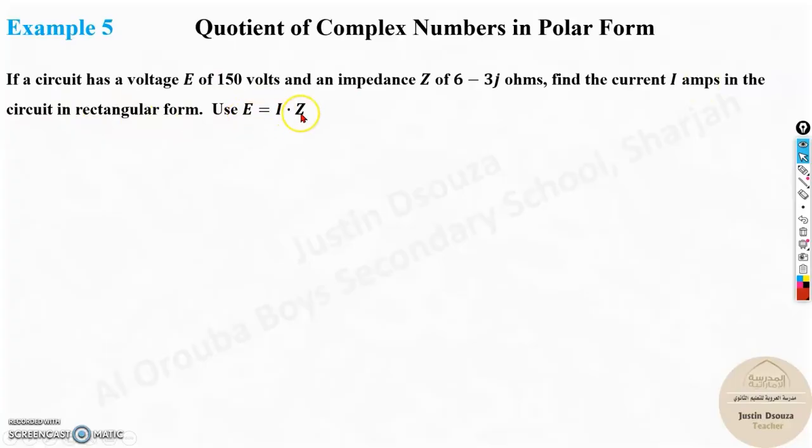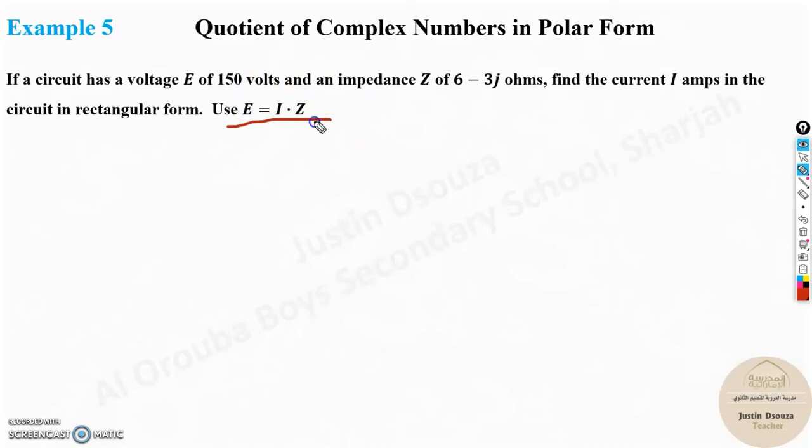Use E equals I into Z. So they have told us the voltage is given, current times resistance, that will be the voltage. The formula is given. What do we have to find over here? They have told us to find the current. What is the other way to find current? Voltage is the current flow multiplied by the resistance, right?